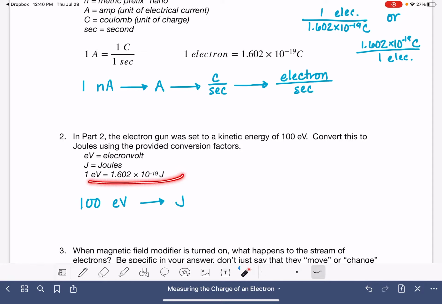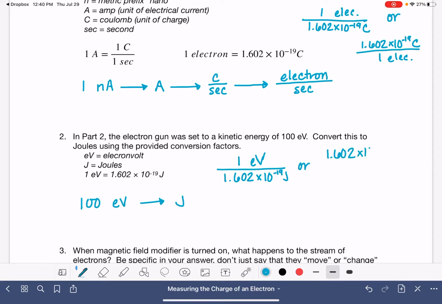And the conversion factor that you need for that is right here. 1 electron volt is equal to 1.602 times 10 to the minus 19 joules, which means you're either going to set up a conversion factor that looks like this with 1 electron volt on top and the joules on the bottom, or you'll set it up in the opposite direction: 1.602 times 10 to the minus 19 joules is 1 electron volt. And again, you're going to make that decision based on where these units need to be in order for everything to cancel out the way that you want it.